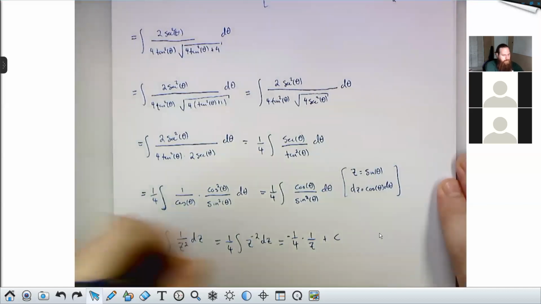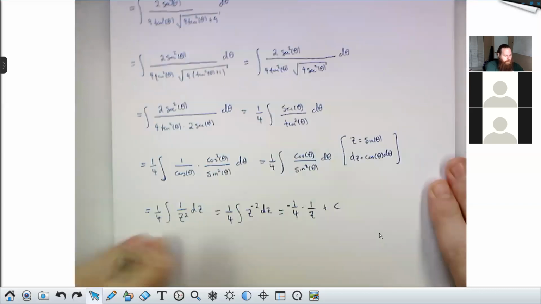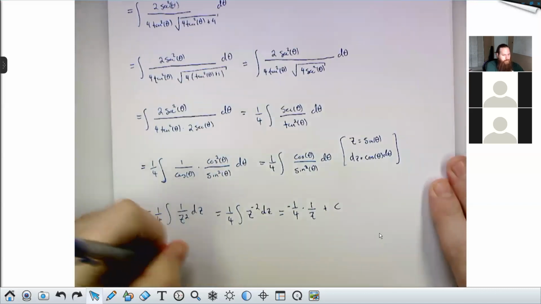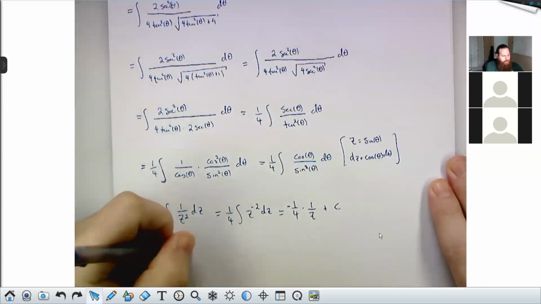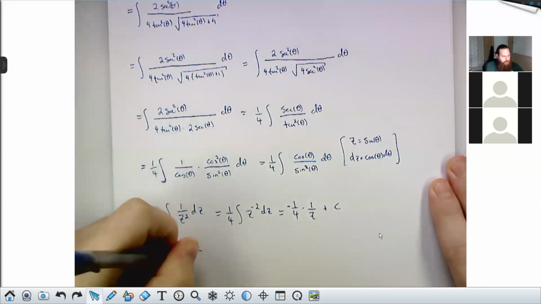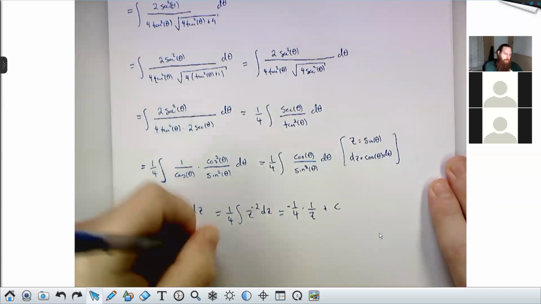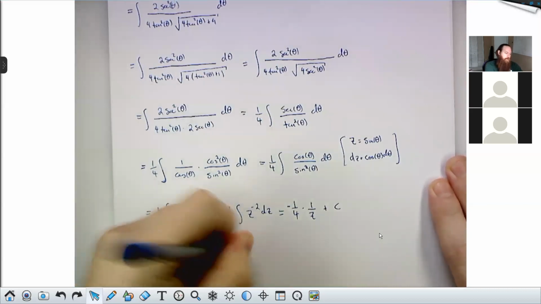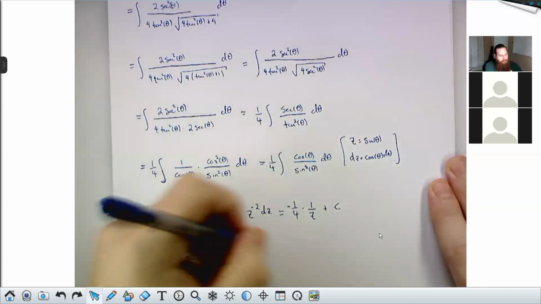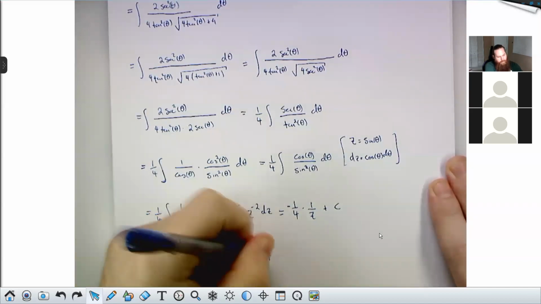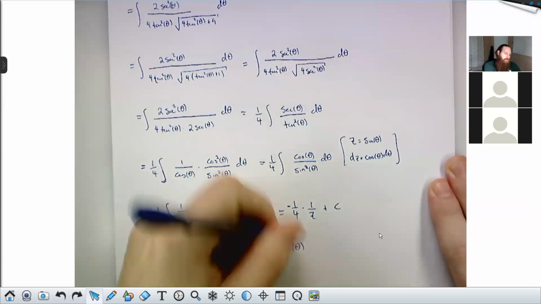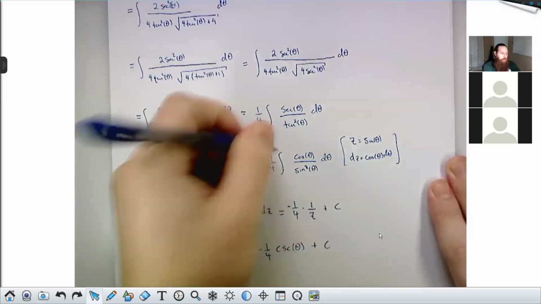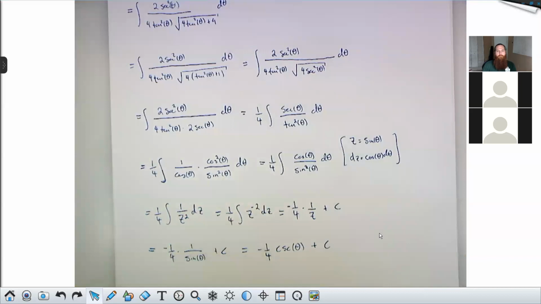So if I go back to my thetas, I'll have negative 1/4 times 1 over z, which is 1 over sine theta, and then 1 over sine theta, of course, is cosecant theta. So you end up the same place you would if you rewrote that as cosecant times cotangent.